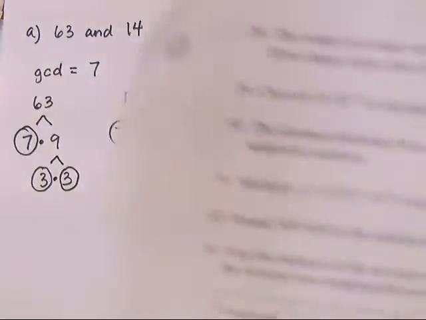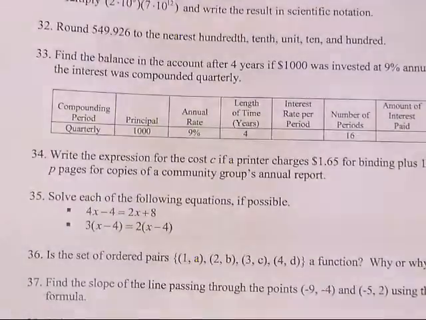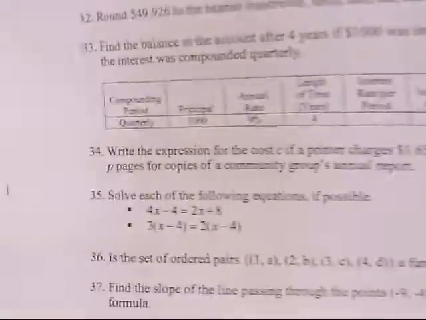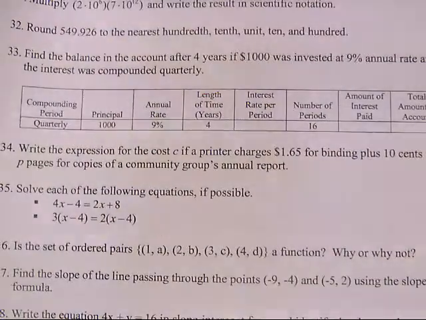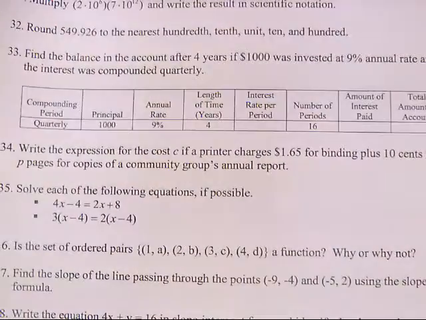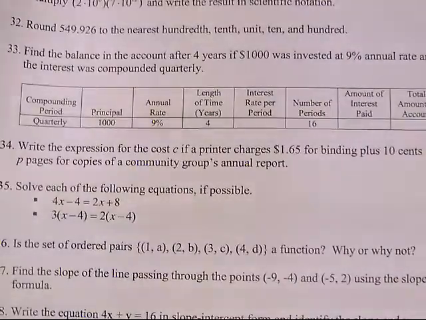Okay, now the other problem that I did a little bit differently than in the video for spring of 2015 would be number 33. That's finding the balance in the account after 4 years if $1,000 was invested at 9% annual rate and the interest was compounded quarterly.